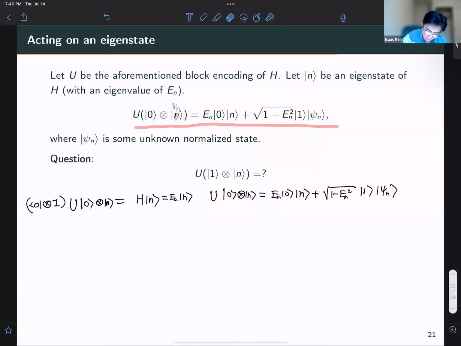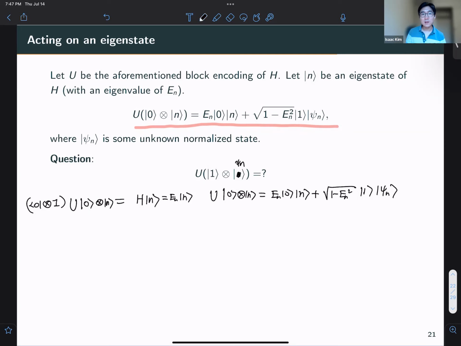I was trying to fix this thing. So if I apply this unitary U to 1 tensor psi n, then what kind of state are we going to get? At first sight, this may seem like an ill-defined problem because we don't even know what psi n is. But it turns out that there is an answer to this.